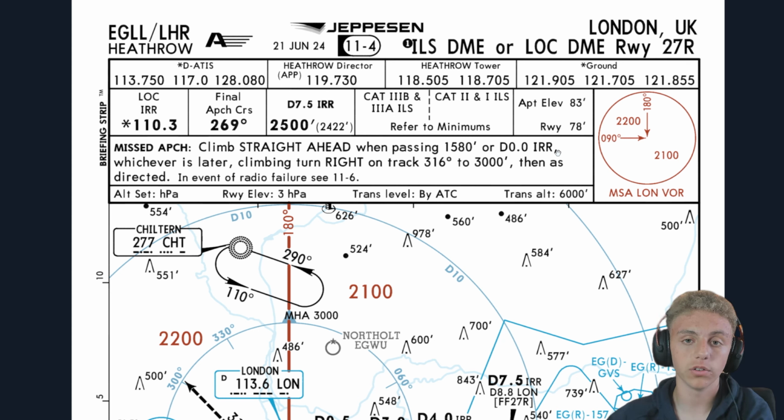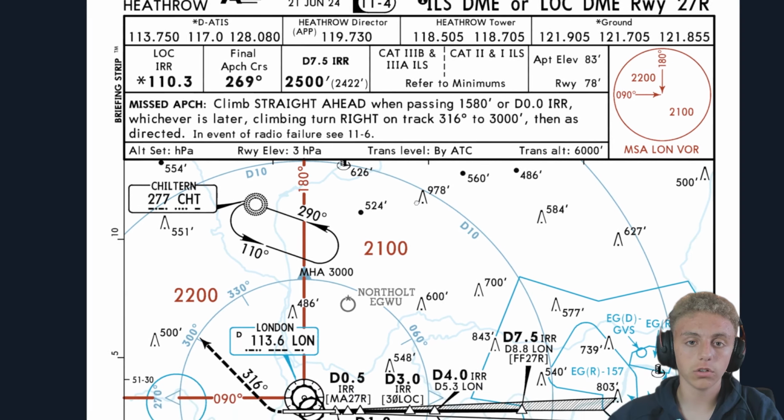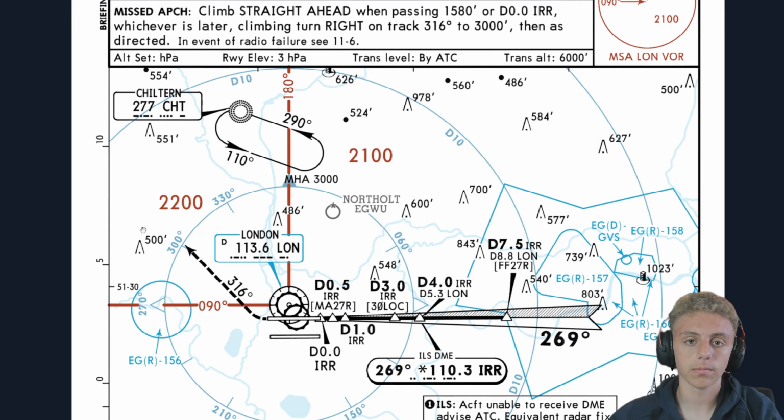So in this section over here, going west, looking towards the London VOR 090 radial, and from the north towards 18, looking down southwards 180. Over here, the minimum safe altitude is 2,200 feet, while in the rest it is 2,100 feet based off the London VOR. It is also shown down here.